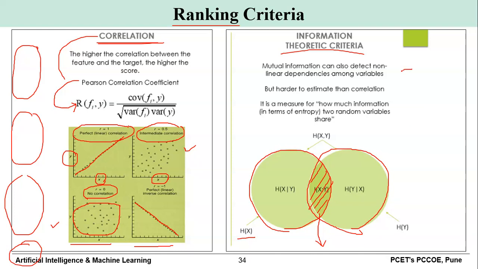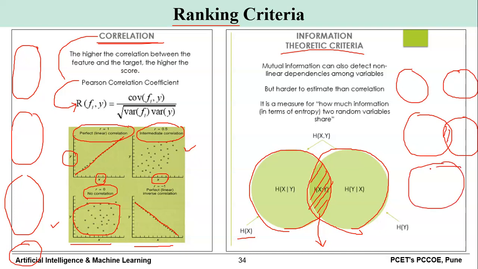For example, if we get two different circles, then you will say there is no correlation. If we get a very partial overlapping, then we say there is a light correlation. If the majority of the area is overlapping, then in that case we are saying, yeah, there is strong correlation, right?